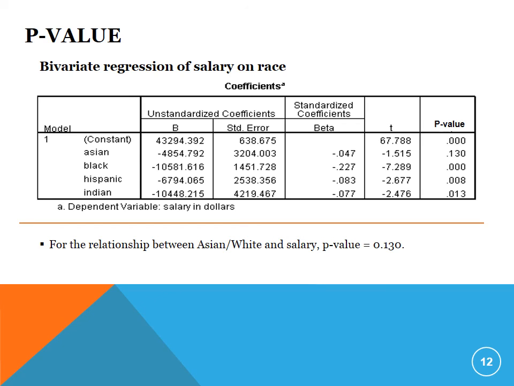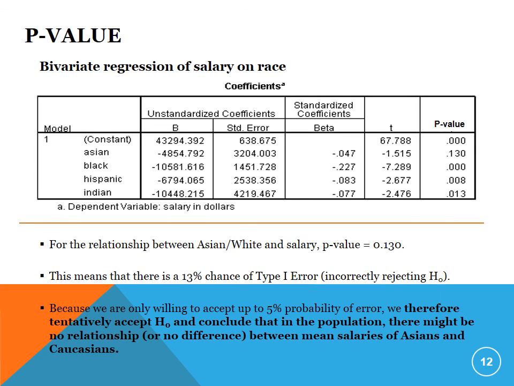So the p-value is telling us that there's 13% error here. 13% chance of a type 1 error, a 13% chance of incorrectly rejecting the null hypothesis, incorrectly saying that there is a relationship when there really isn't. That's what that means. When there really isn't a relationship and we're saying, yep, there is a relationship.